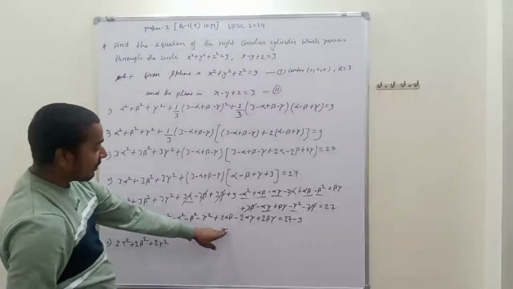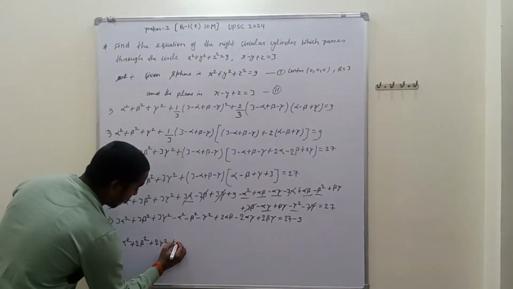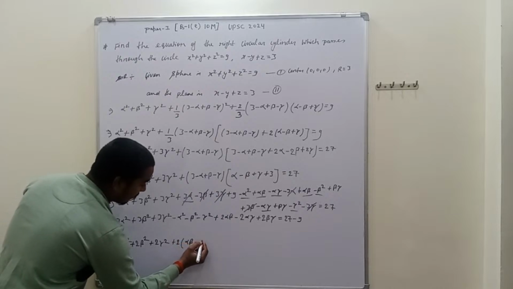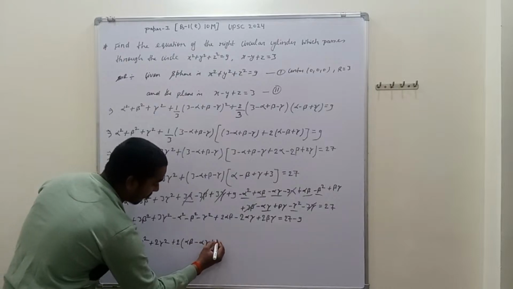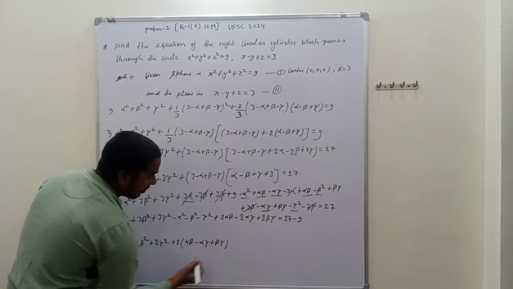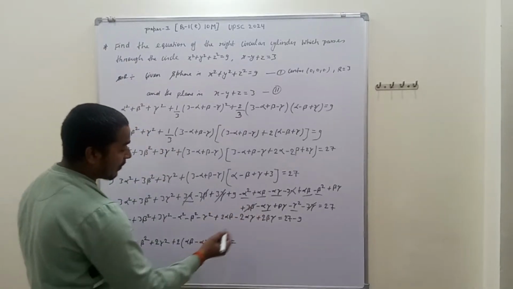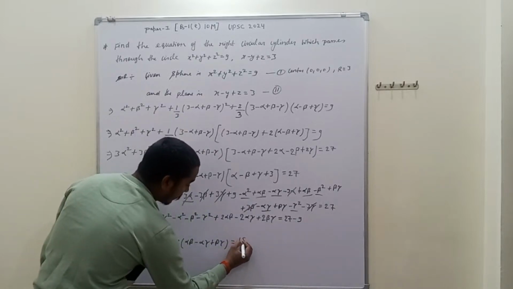And from here we take 2 common, that is alpha beta minus alpha gamma and plus beta gamma is equal to 27 minus 9, that is 18.